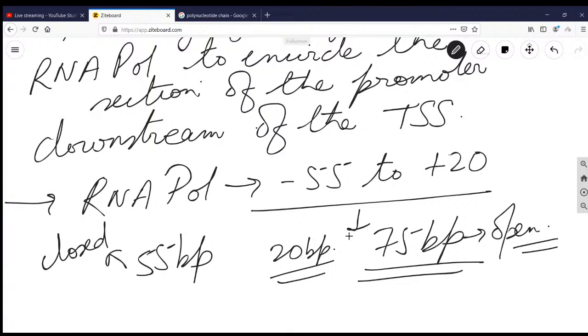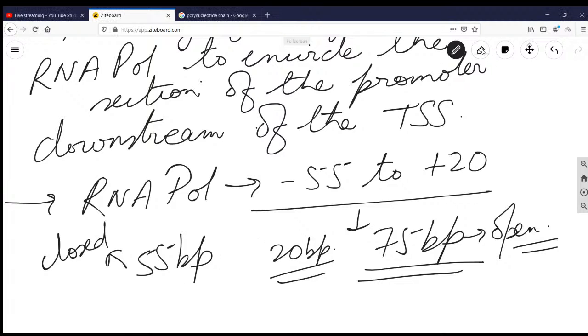After this open complex is formed, the start of the ternary complex will occur. Now the next step will be to incorporate the first two nucleotides and form the phosphodiester bond between them, and this will generate the ternary complex containing RNA as well as DNA and the enzyme.